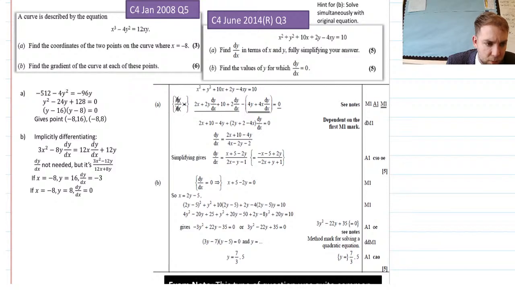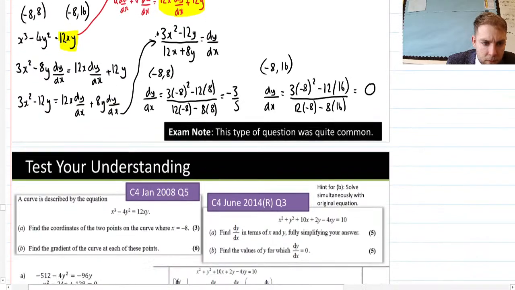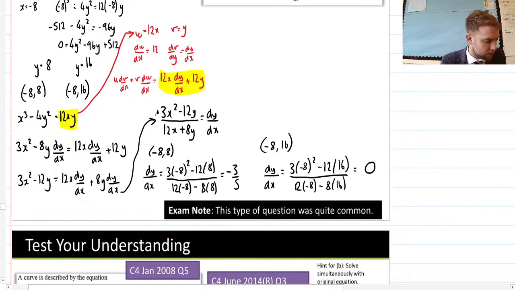I've got a feeling there must be something wrong there. We've done everything right apart from the answers. I can't see where I've gone wrong. I've got everything that they've got apart from that final answer. I'm going to say that I'm right and they've made a mistake.